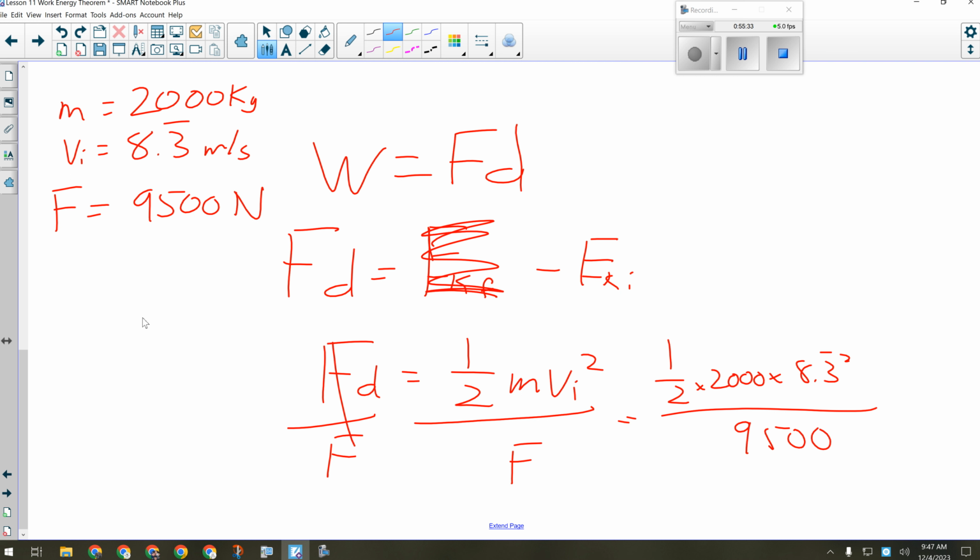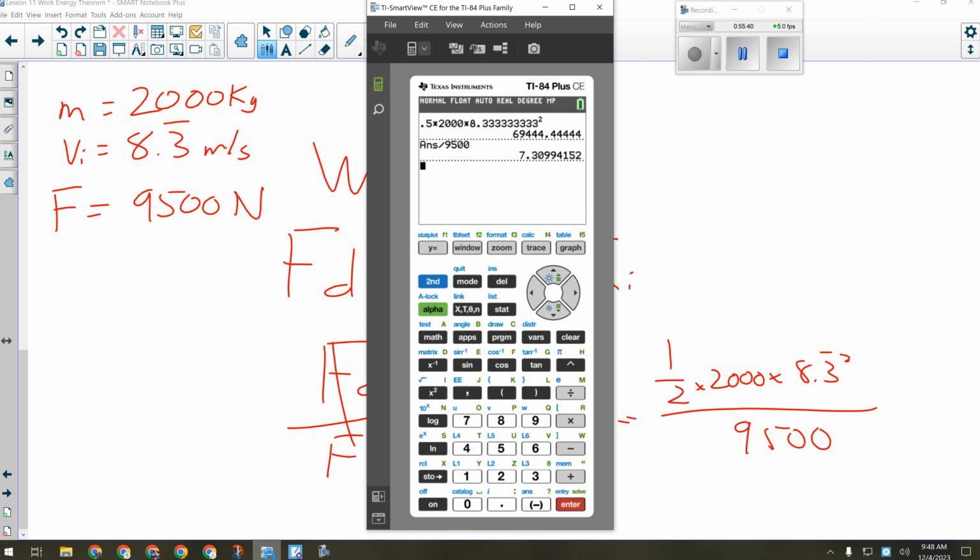So if my speed is instead 16.6, double my speed, 0.5 times 2,000 kilograms, same vehicle, times 16.6 repeating squared, and then divide that by my braking force. That kid's done. 4 times, 30 meters, that's one third of one of the straight sides of the running track out back.